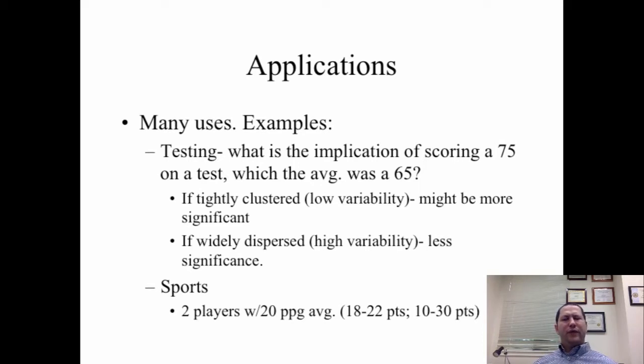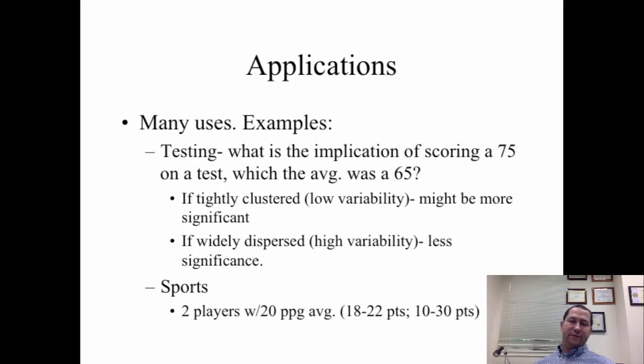So if two standard deviations above the mean was something like, I don't know, let's say 71, and you're above two standard deviations with your 75, then that's significant. But let's say the spread of scores was really, really wide or dispersed, then we have something called high variability. In such a case, the wide spread of scores may be less significant.